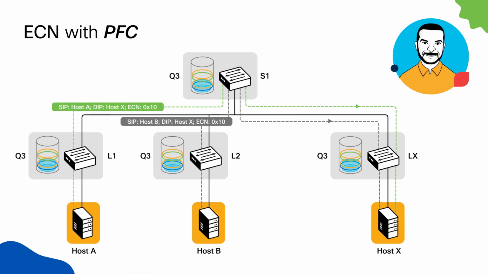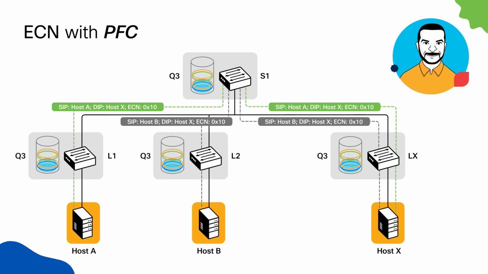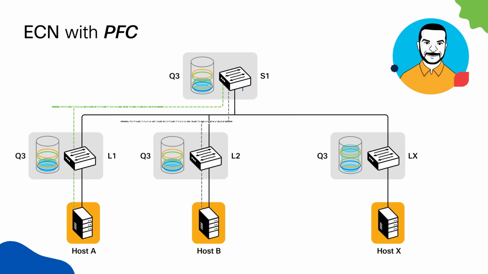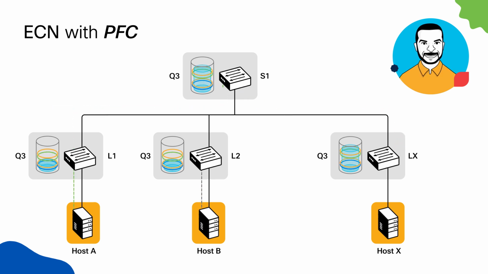Okay, well, host A started slowing down, but actually it's not working. Switch 3 started experiencing more congestion, and it even filled up the buffer all the way beyond the off threshold. So switch 3 is going to send back a PFC packet to spine 1, and then spine 1 is going to have the same problem. Assuming that it fills up its buffer, then it's going to send the PFC back to leaf 1 and leaf 2, and then again they're going to fill up, and then they're going to send to host A and host B, screaming at them, please slow down, PFC frames.